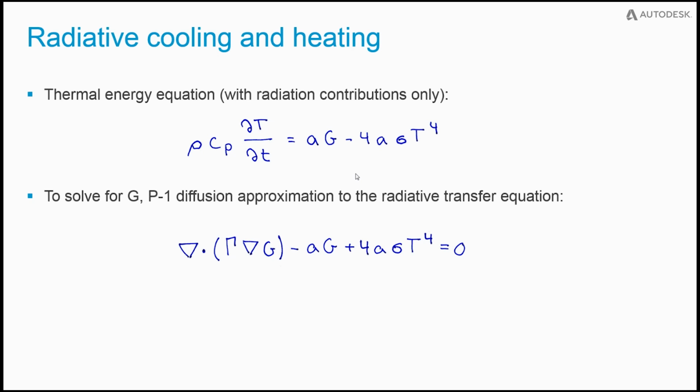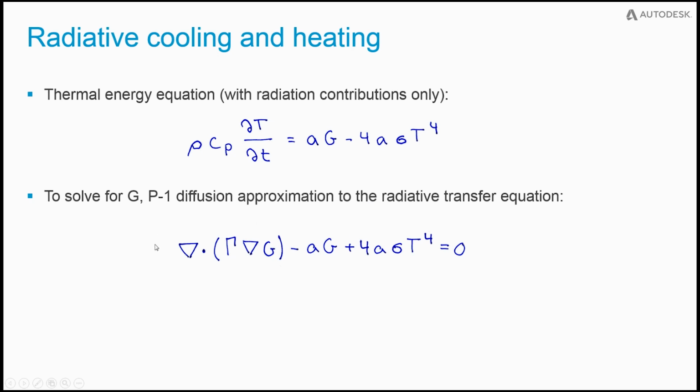But luckily there are diffusion approximations to this that we can take advantage of. And we use a diffusion approximation called P1. There's a whole theory behind these Pn diffusion approximations that I won't cover here, but you can look into some of the literature behind radiative heat transfer to find out more about this.